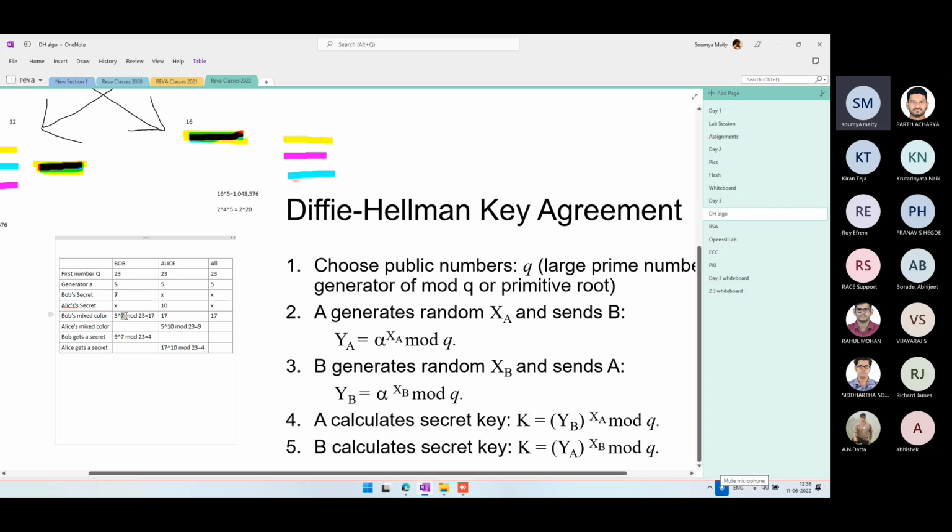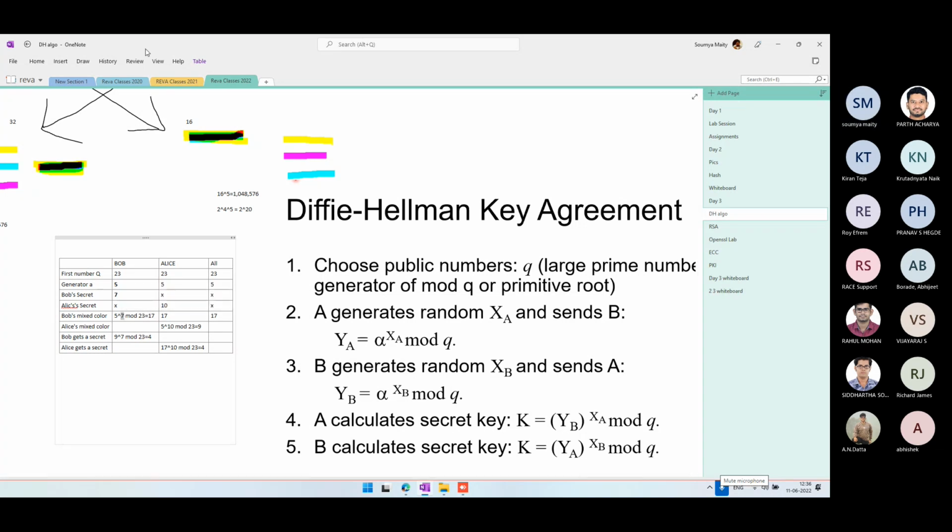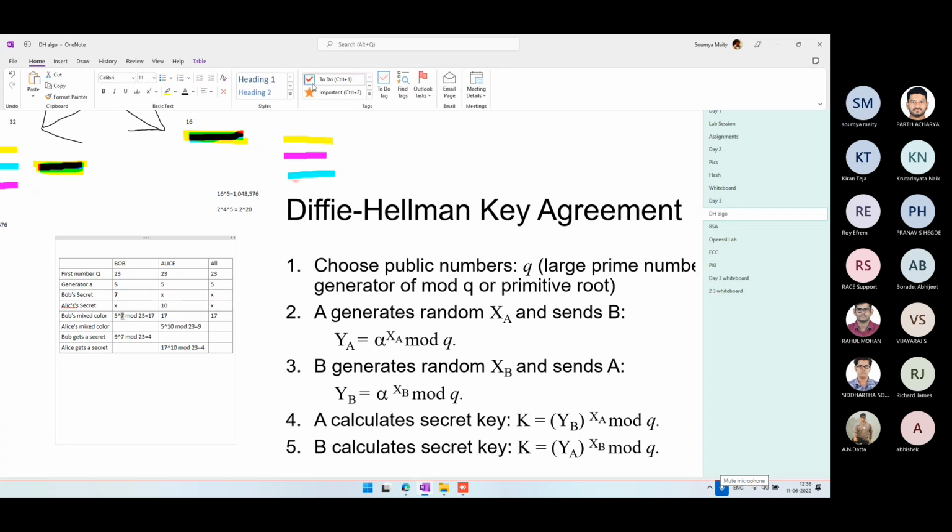It's clear, right? 7 is Bob's color. For your later reference, I'm just representing it as blue.